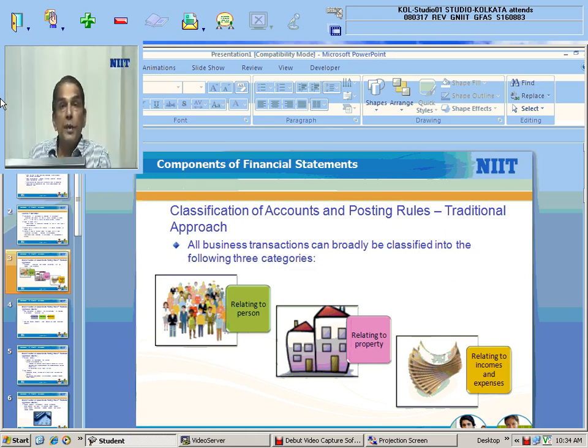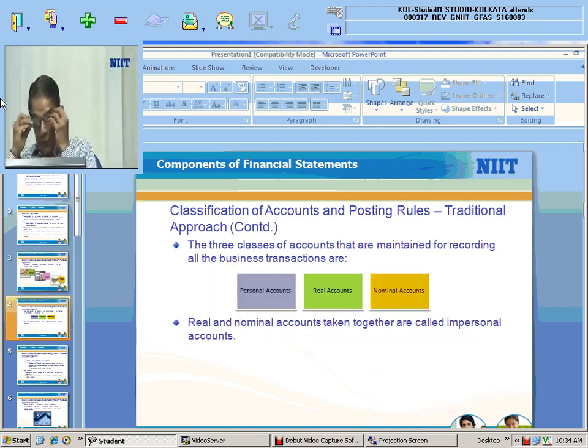Sale of goods related to income. A transaction involving sale of goods is related to income. So these are the 3 things transactions can be related to, and based thereon we have 3 classes of accounts. For recording of business transactions, we have 3 classes of accounts.